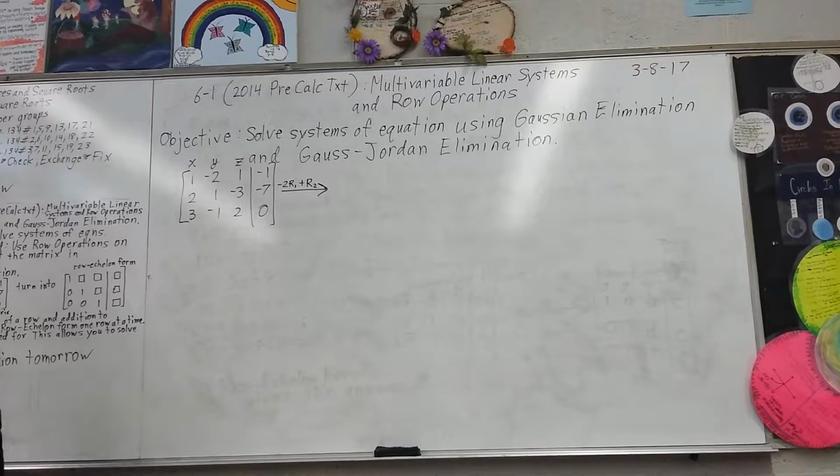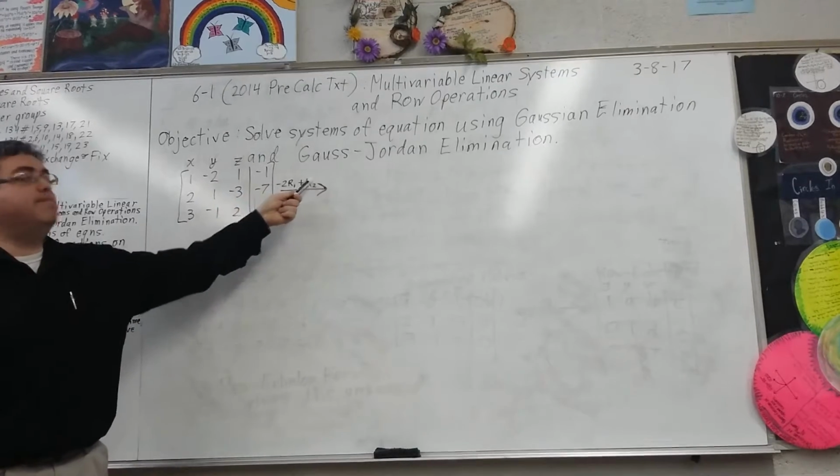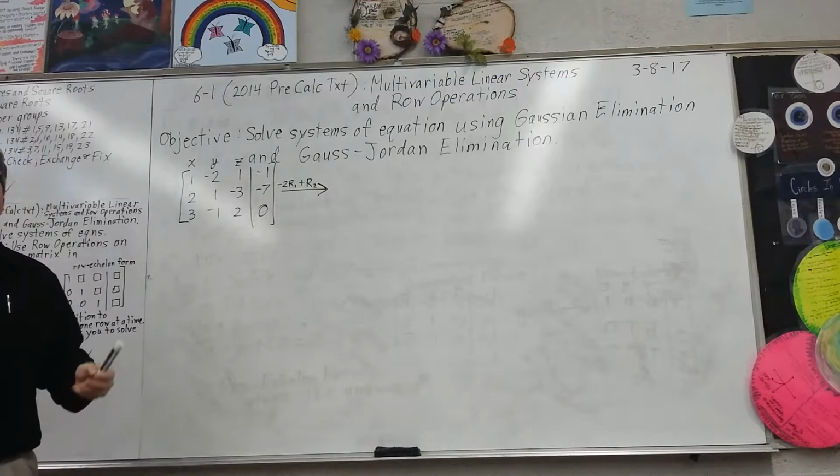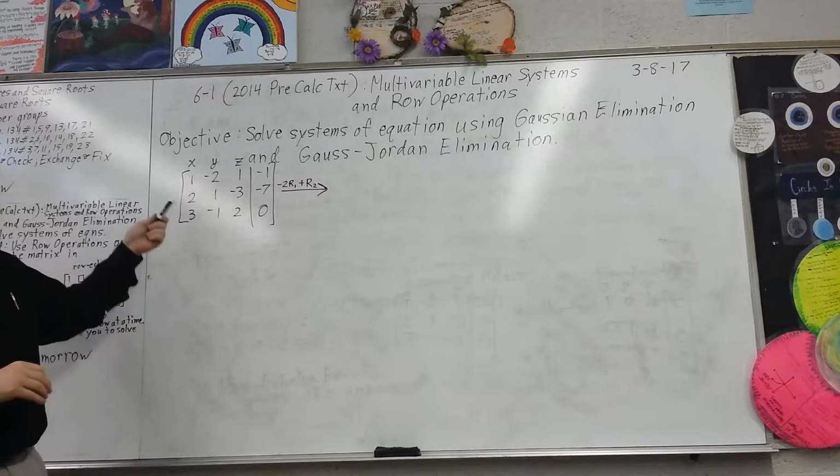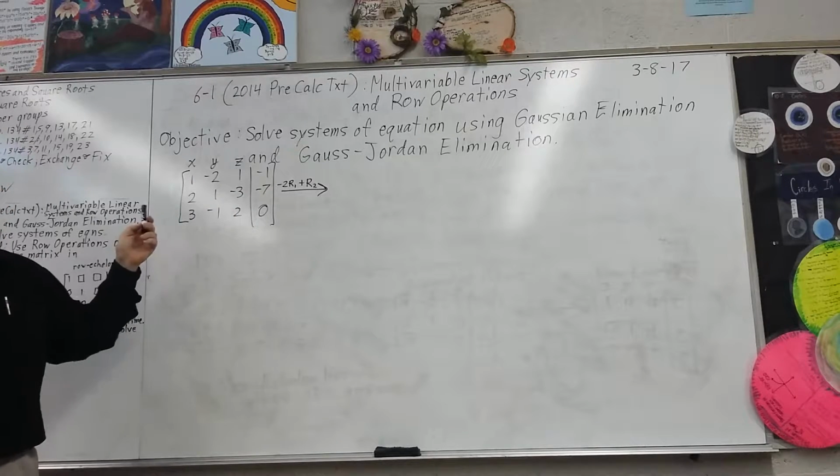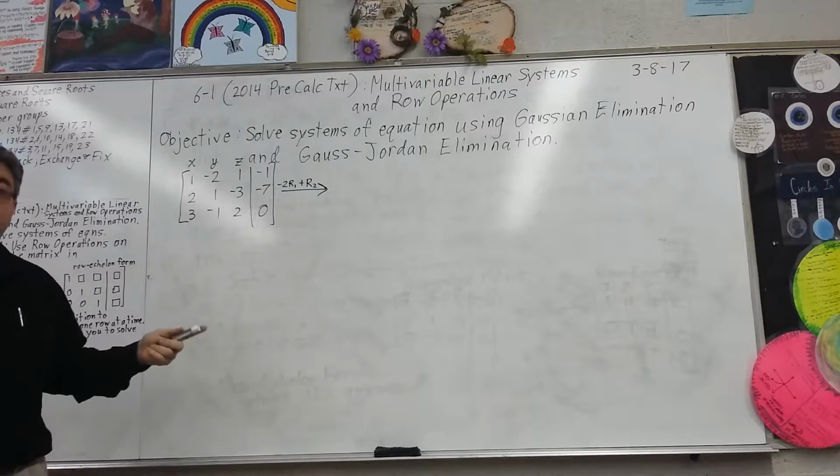And this is the tricky part of this, that you don't show any of the work anywhere else. The work is implied right here, and then you just write the new matrix, creating a new row 2, because that's the thing that you want to change.